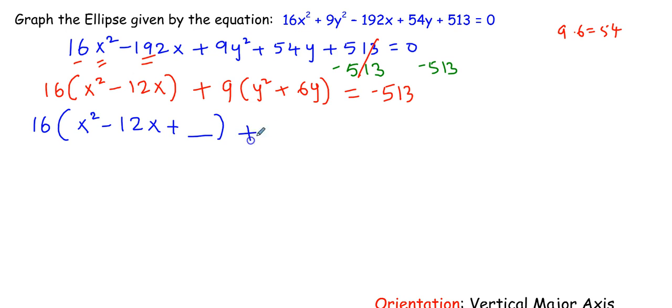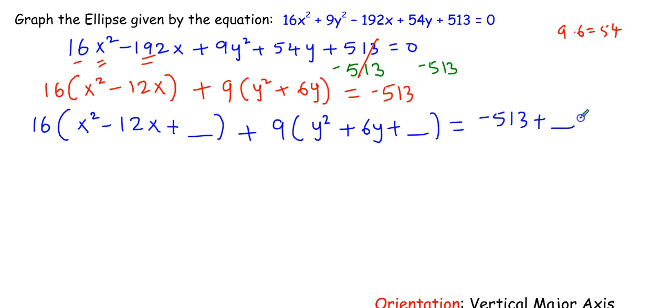Plus 9 times y square plus 6y plus again a blank. We are looking for a perfect square. So that is equal to negative 513 plus 2 blank spaces, because you added those 2 blank spaces there.